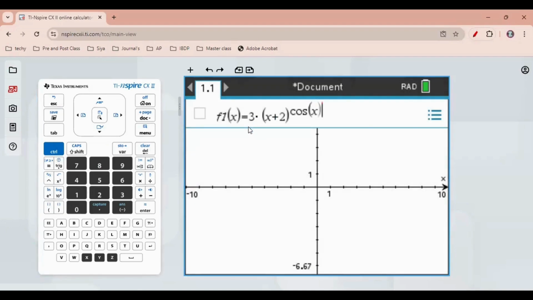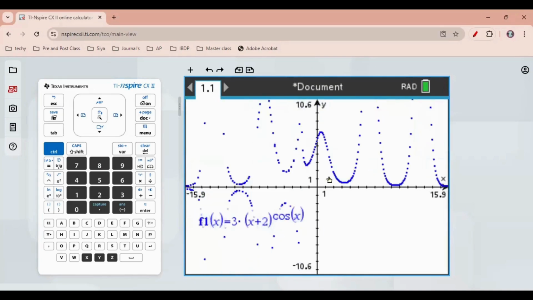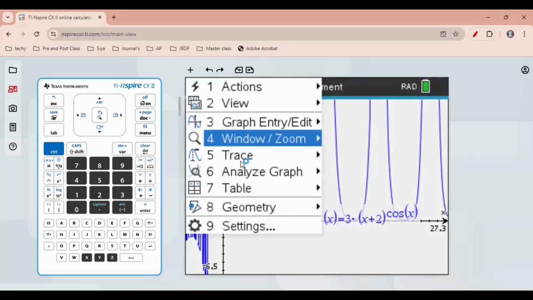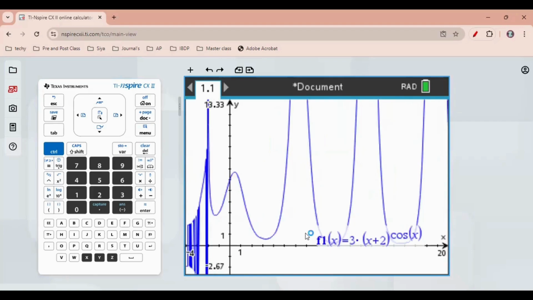Make sure we are interpreting it in the correct way. Actually, we want the first quadrant alone, so let's zoom into that part. And I'm solving for 0 to 6.8.